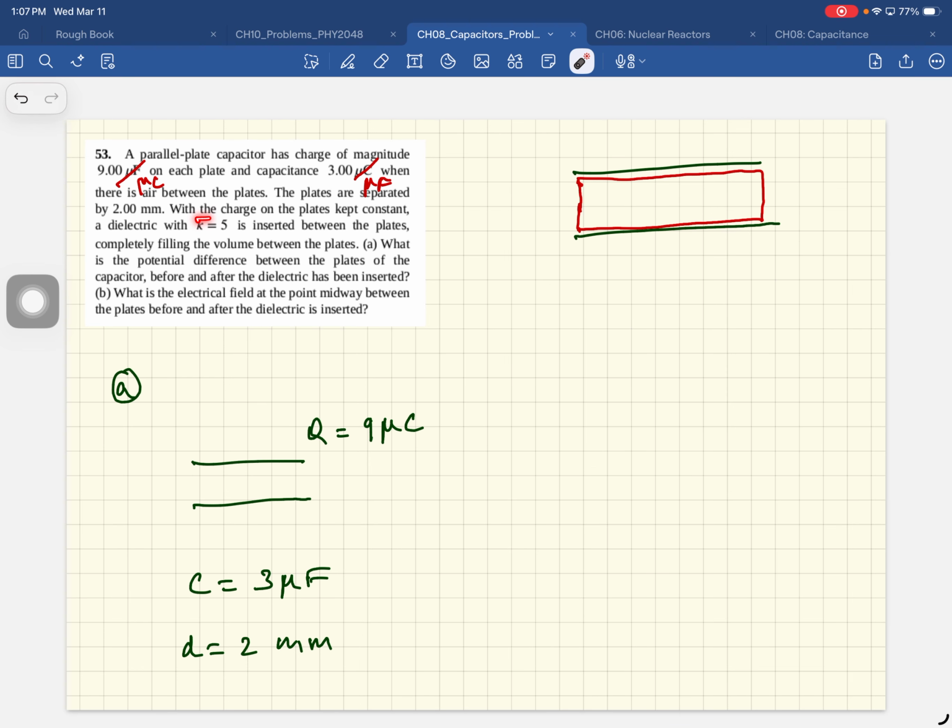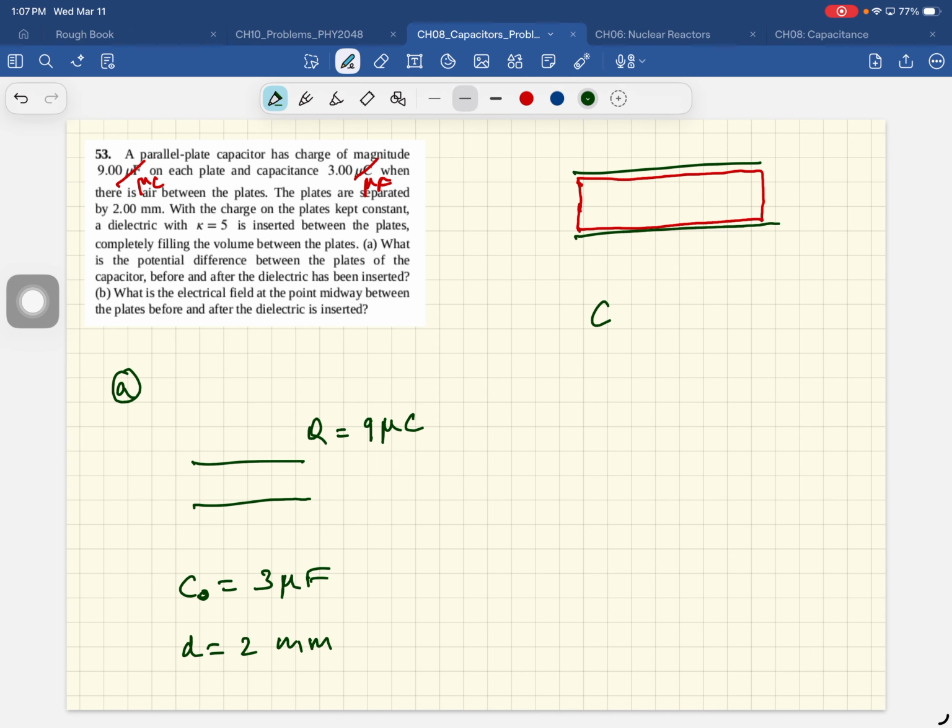Okay, so with the charge on the plate kept constant, a dielectric constant kappa is inserted between the plates, completely filling. What is the potential difference between the plates of the capacitor? Okay. Now, we'll call this C naught. That's the capacitor with air.